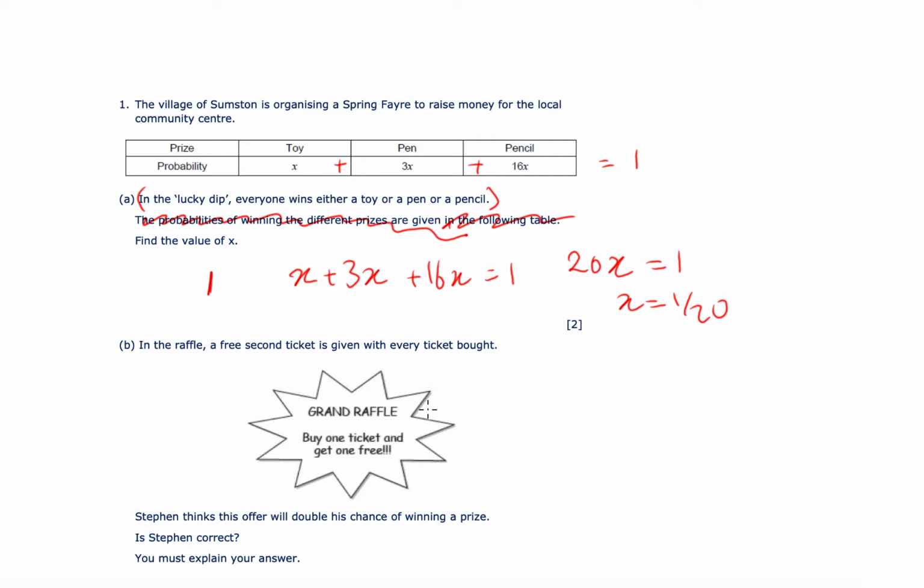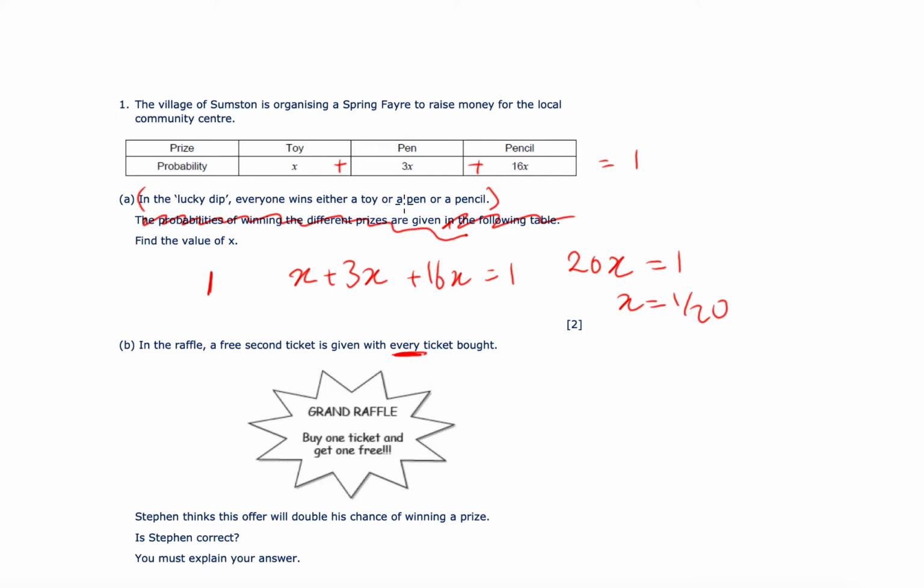So I wouldn't say so, because a free second ticket is given with every single ticket bought. So everybody who buys a ticket will automatically have 2 tickets. So it will cancel itself out. And because everybody either wins a toy or a pencil, everybody who enters will have 2 tickets and will win something.